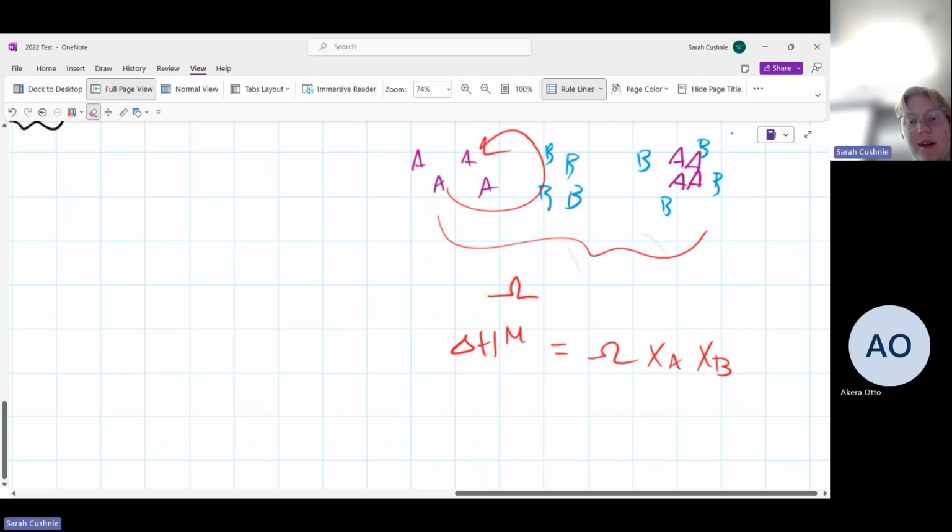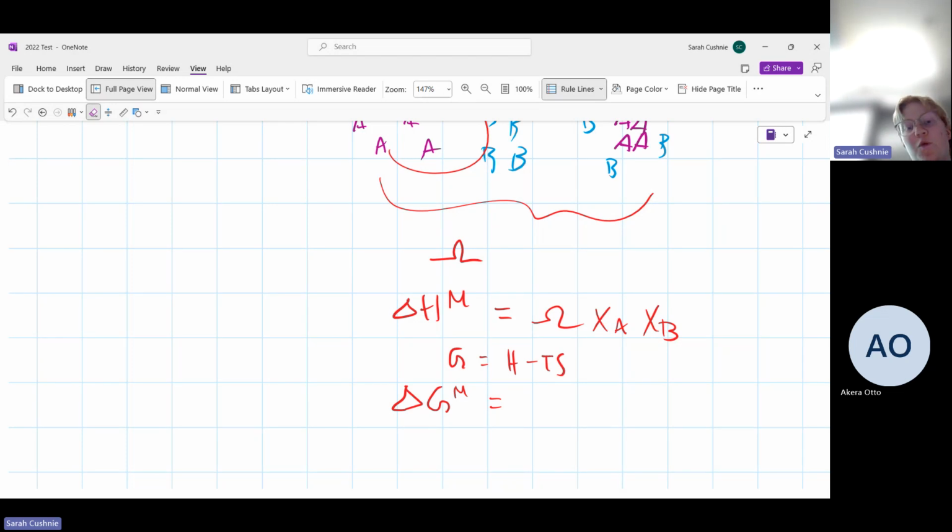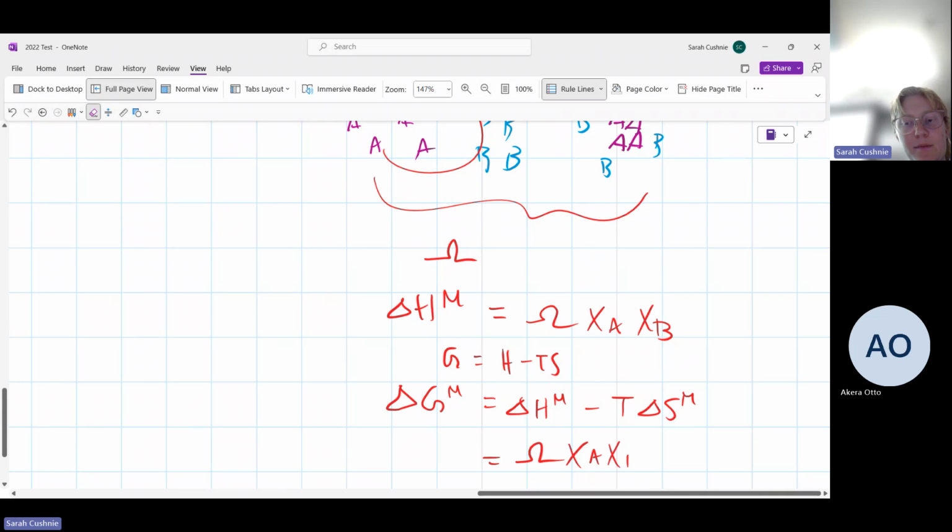So if we take this, now we can say that delta G of mixing, you know, G is equal to H minus TS, just very classic. So now if we're doing mixing, that's going to be delta H of mixing minus T delta S of mixing, which is equal to omega XA XB minus T delta S of mixing.